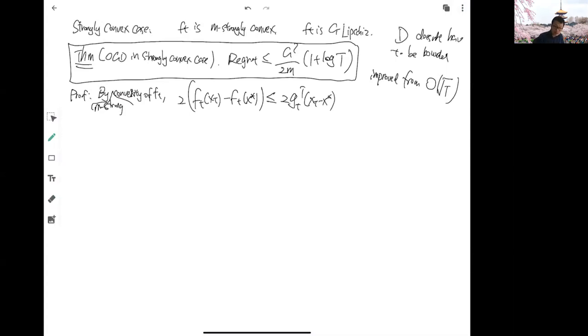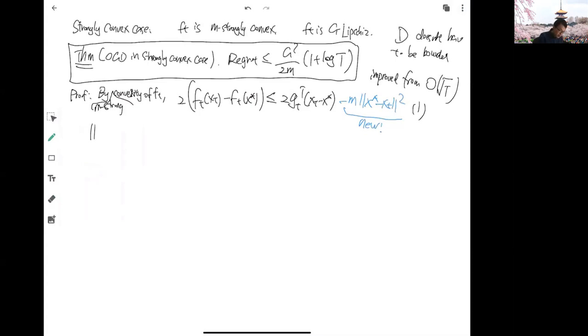Now, in addition to that, we can bound this by subtracting another quadratic function from this upper bound. So this is a new thing. Let's call this inequality 1.